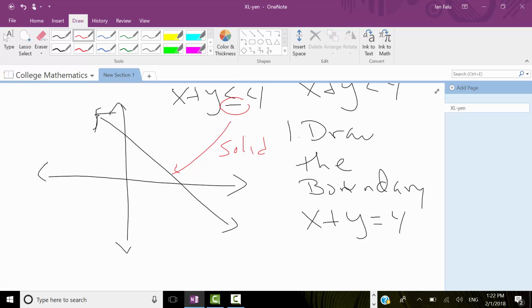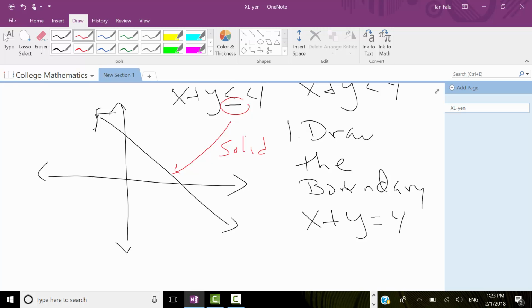Now I have to look at what collection of points are going to be included when x plus y is less than 4. Okay? It could be either below or above the line. I do not know. Okay? So what you do is you get a point anywhere on the plane and you test.